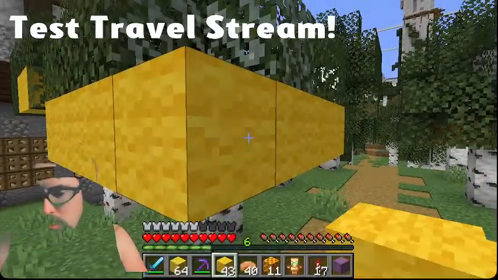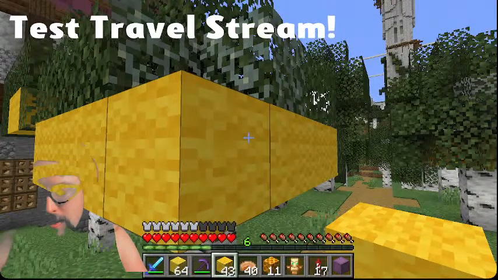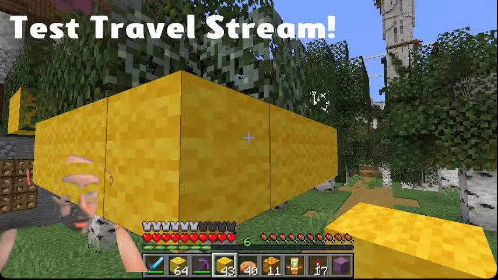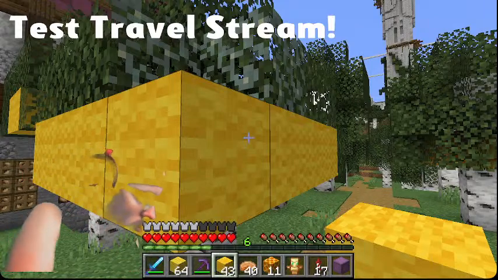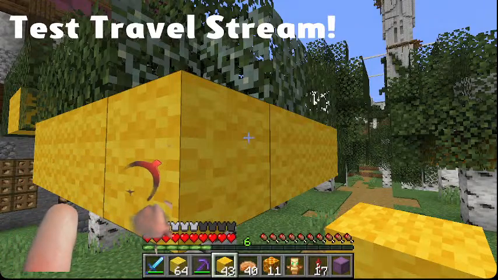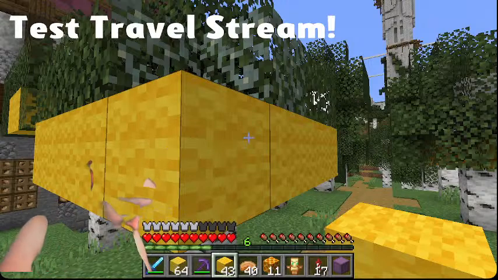Is it actually coming through? Let me check restream.io via my cell phone with the Wi-Fi off. It's coming in at 852 by 480, an average of 900.